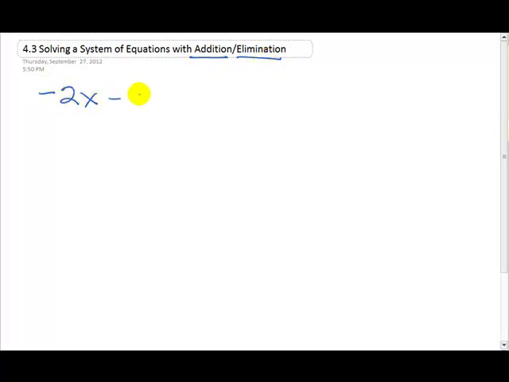This method and the method that we learned in the last section with substitution, this is what you'll use more often than graphing, just because it's more precise. It's so easy, as we saw with my graphing, to be off just a tiny bit and get the wrong answer.